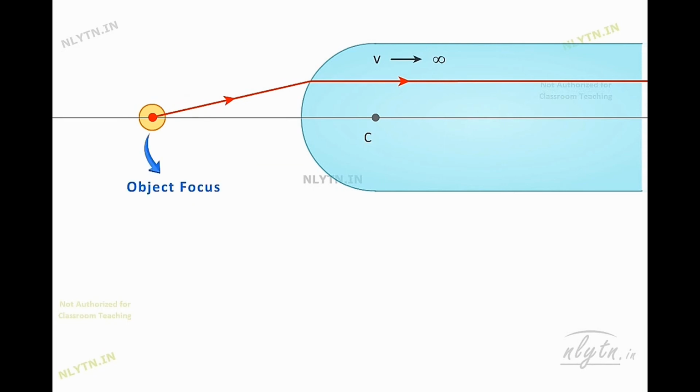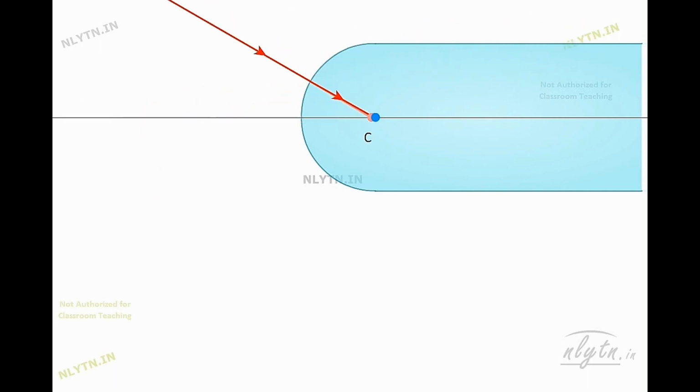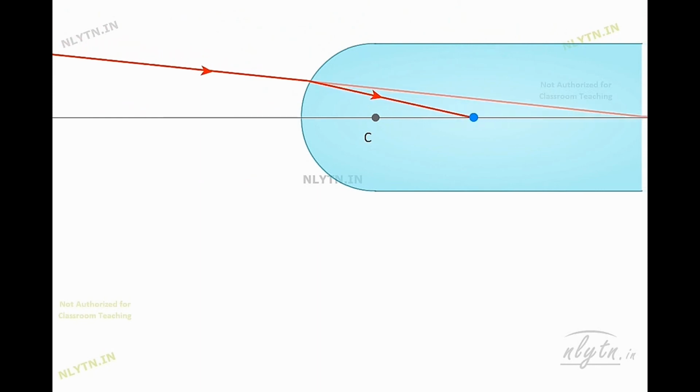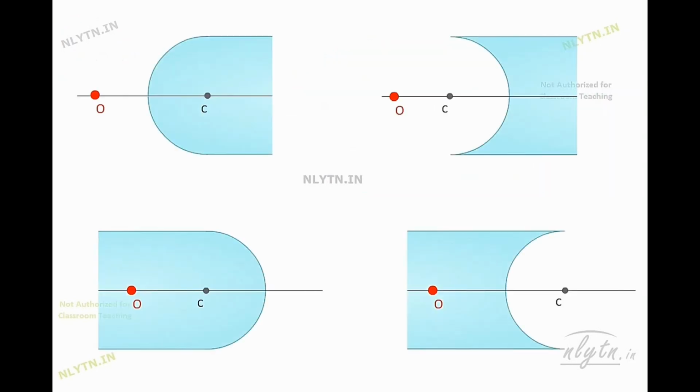This is called the object focus of spherical surface. Note that we can have 4 combinations of the mediums and spherical surface, and for each of them the ray diagram will be different.